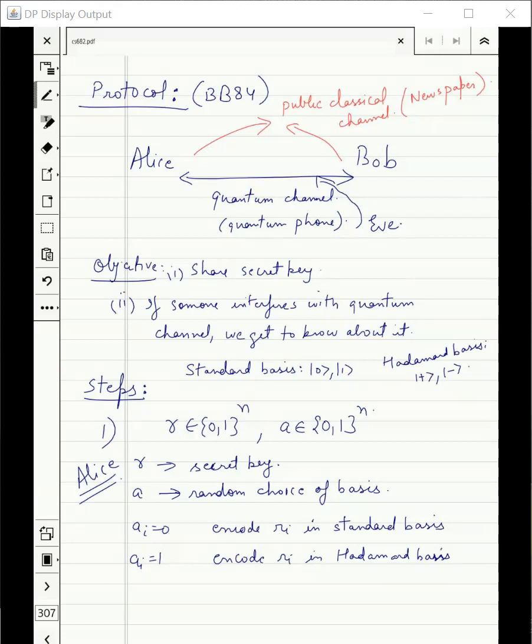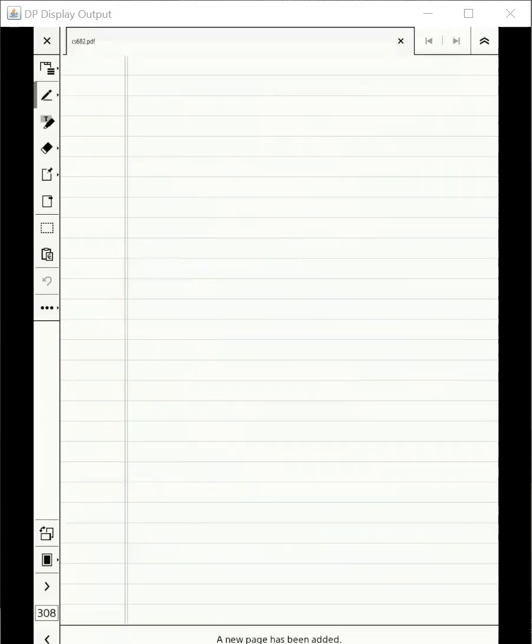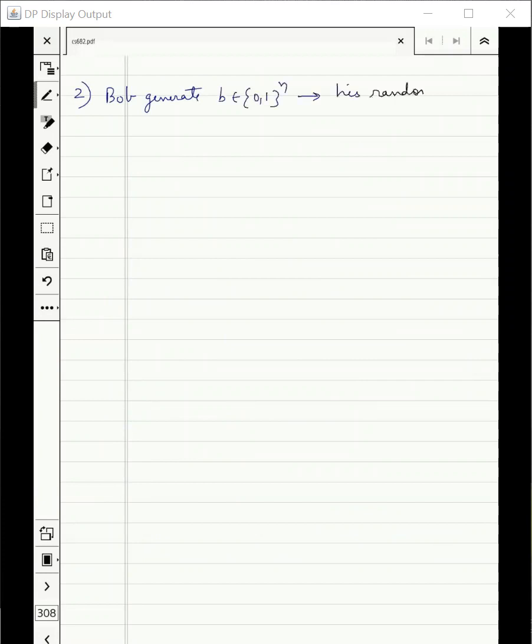Now Ai equal to 0, encode Ri in the standard basis. Ai equal to 1, encode Ri in the Hadamard basis. Then what does Bob do? Bob will generate his random choice of bases. These are some Bi, B1 to Bn.